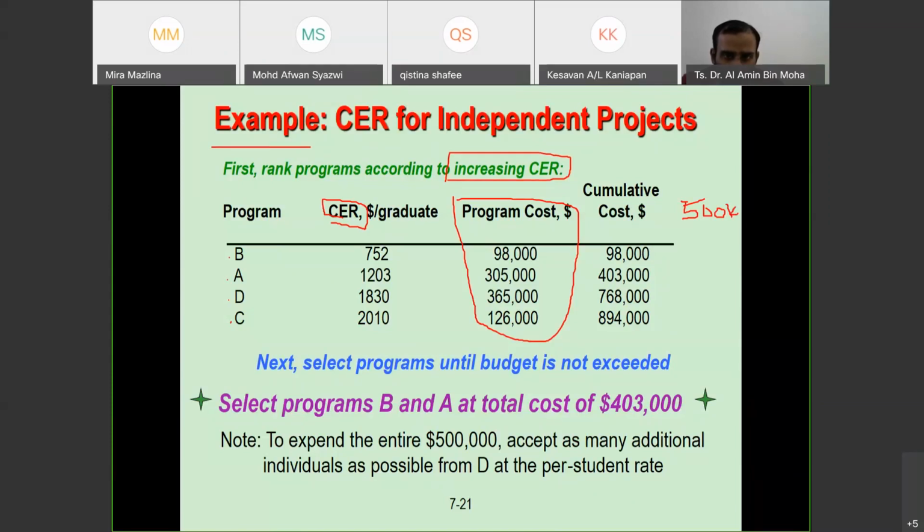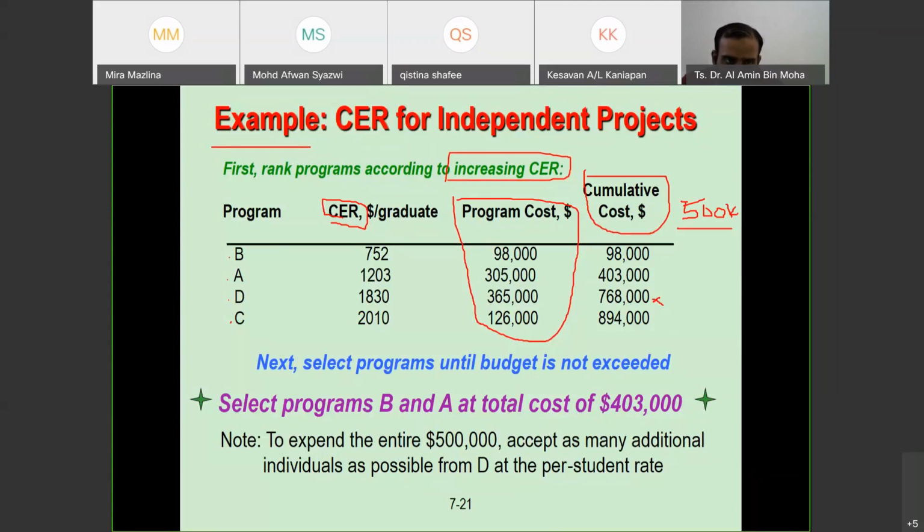So this is the cumulative cost. Cumulative means that this 403 is this plus this, right? So with 500, can we choose these three? B, A, D, the cumulative cost is 768. No, we can't, because the budget is 500.